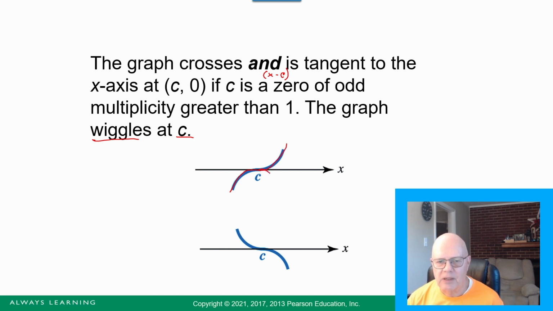It doesn't keep on turning, it makes an abrupt change. Notice also, because of this wiggle at c, either it's going to continue to increase as x increases, or it's going to continue to decrease as x increases.